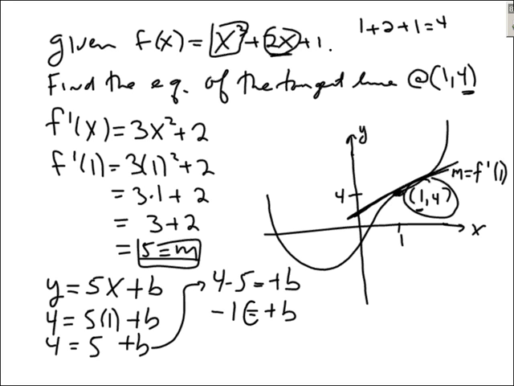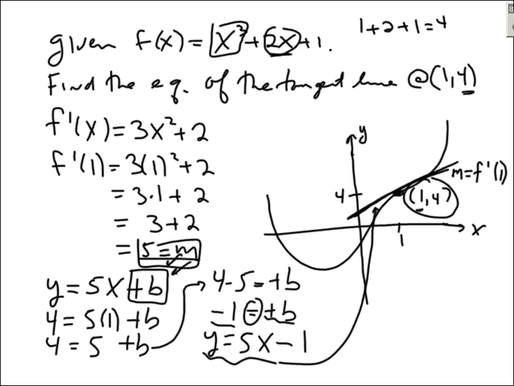This symbol, equal, has many, many meanings. One meaning is, wherever you see b, write negative 1. So y is equal to 5x, and instead of b, I can write negative 1. y equals 5x minus 1 is the equation of that line.